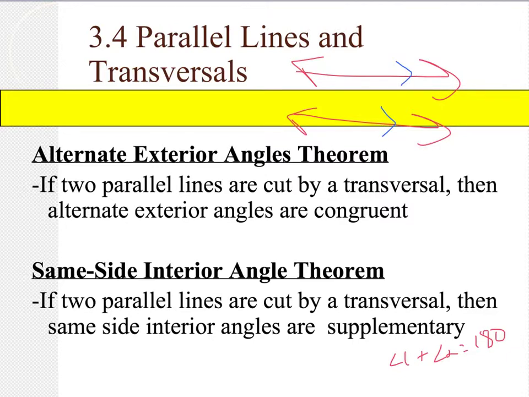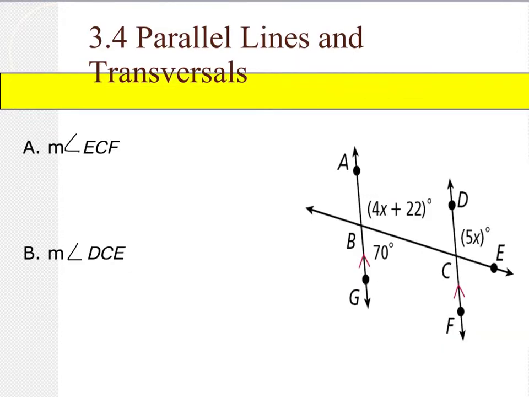This time they're parallel with a transversal cutting in between them. Now that tells me that same side interior angles, this angle and this angle, same side of the transversal on the interior of our two parallel lines, those would add up to equal 180. Two supplementary angles. All right, moving on.